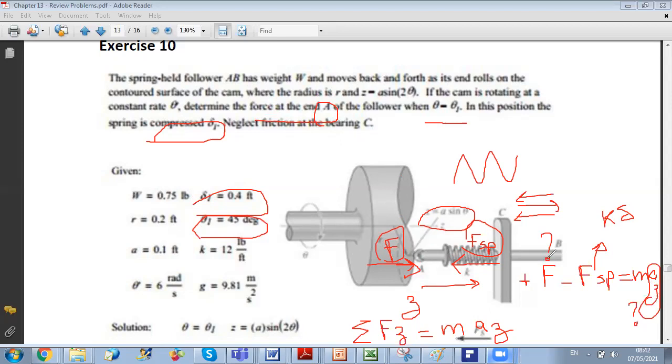What should I use to calculate the acceleration in Z? What is the information in the given that will help me to calculate AZ? Any idea?